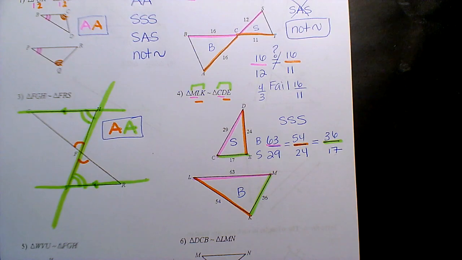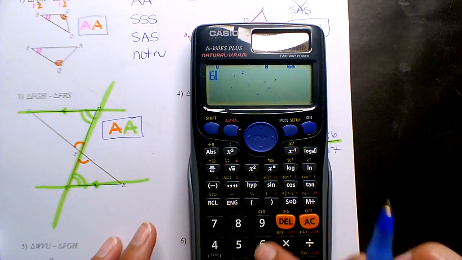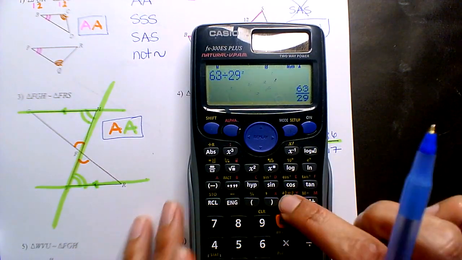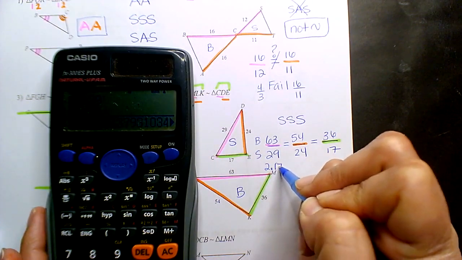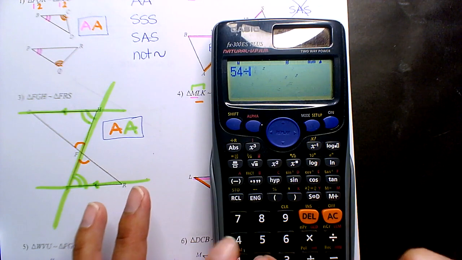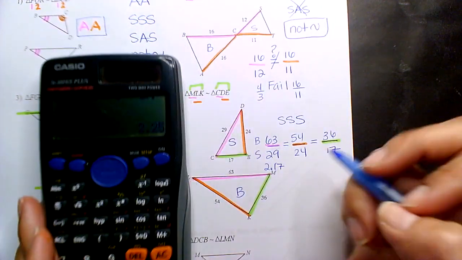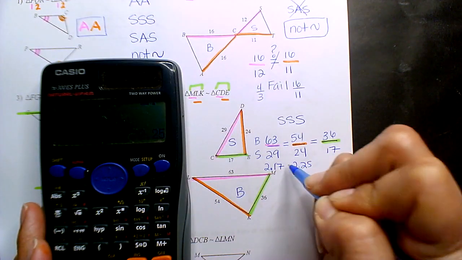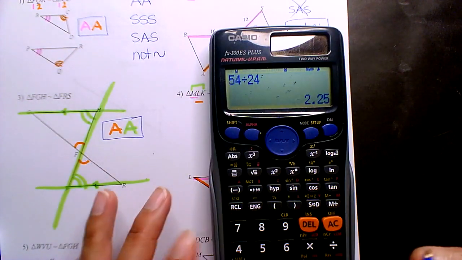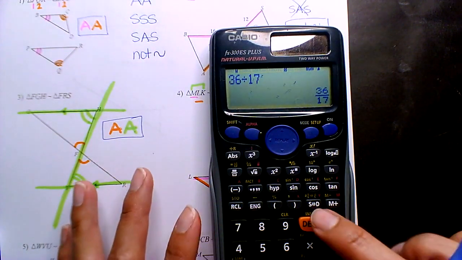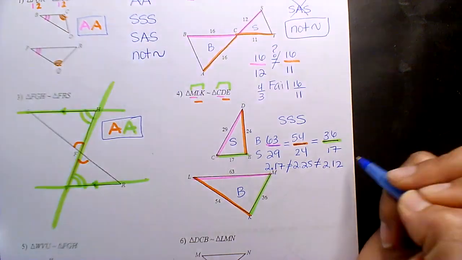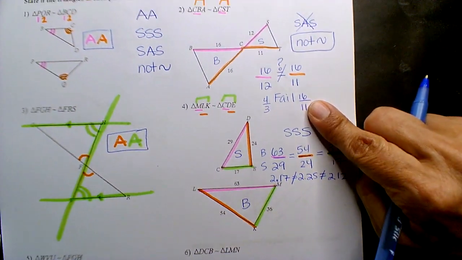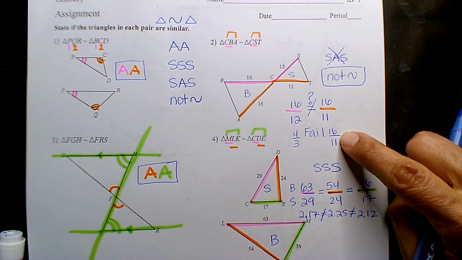So what is 63 divided by 29? I get 2.17. What's 54 divided by 24? 2.25. And already it's a fail. And what's 36 divided by 17? 2.12. So look, here I left them as fractions.